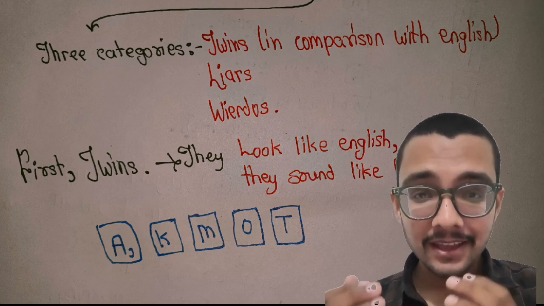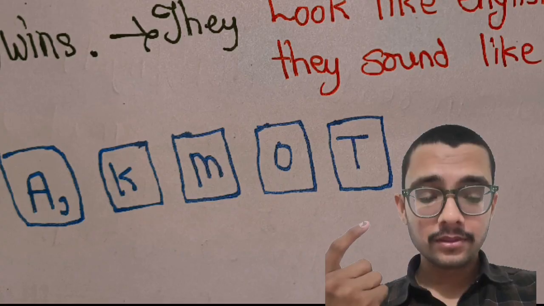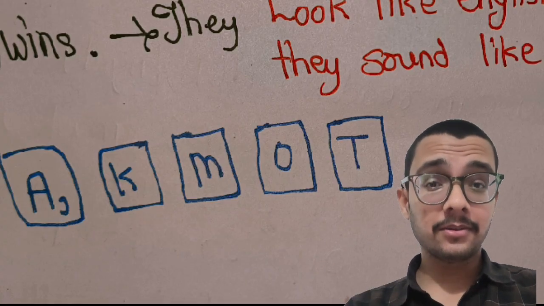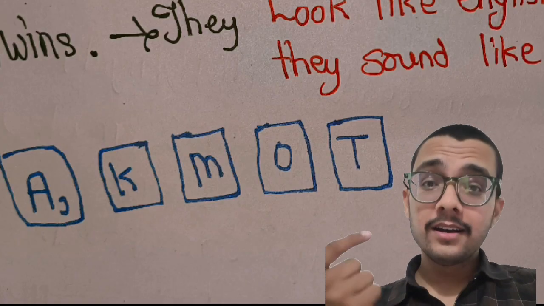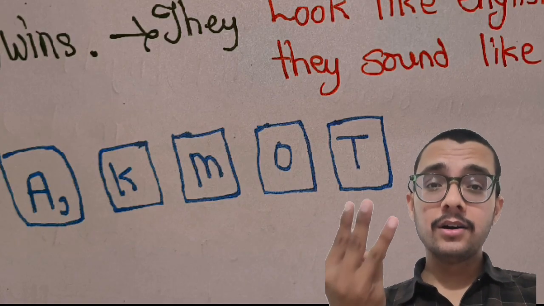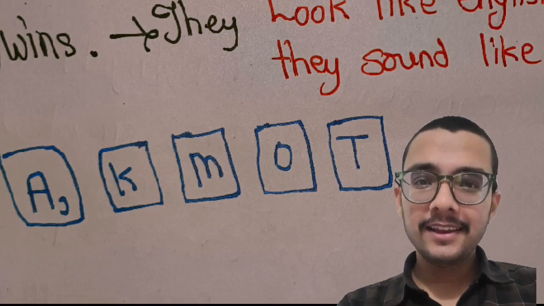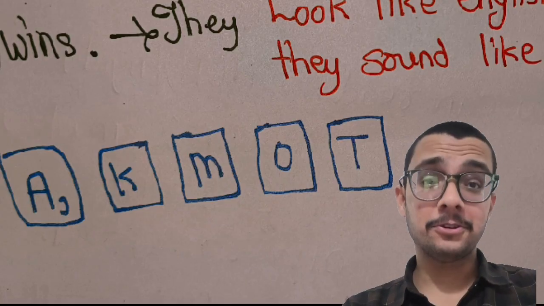Let's go. And those characters are a, m, k, o, t. Or if I want to rephrase them, a, k, m, o, t. Very predictably, they look like English and they sound like English. Repeat after me.